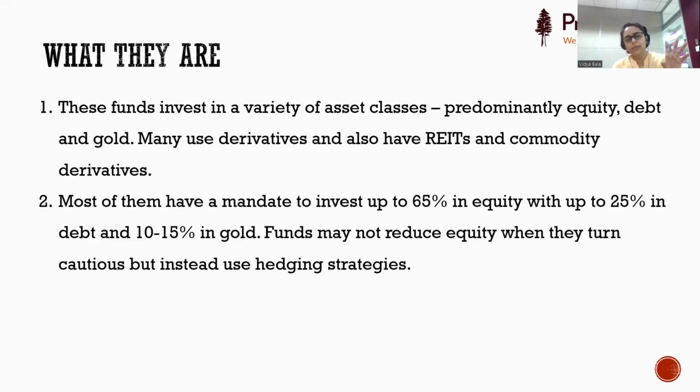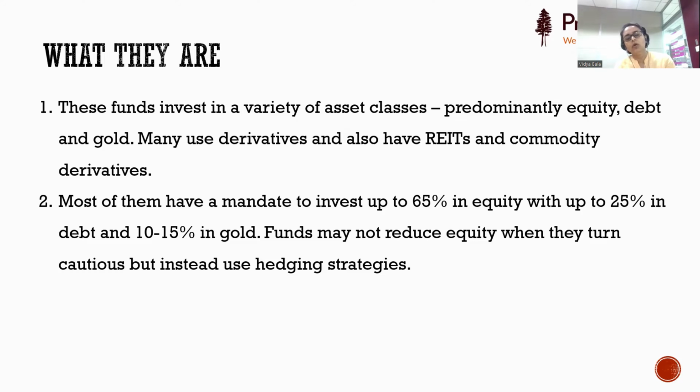This equity part, many of them try to hedge. And when the market looks volatile, they actually increase the hedge to reduce the net equity component. What does this hedging do? It basically reduces the volatility in equity. Under the mutual fund regulations, you're allowed to hedge your equity.